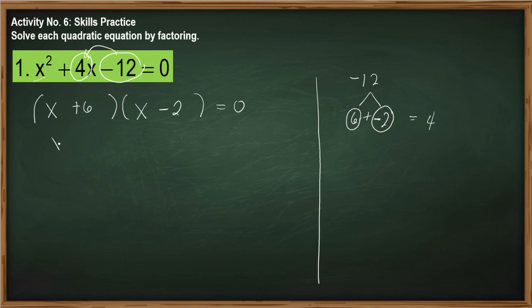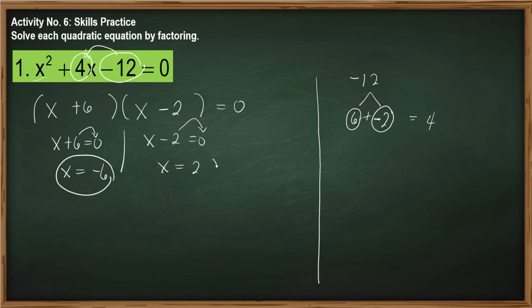Then, apply the zero product property by equating each factor to 0. Then, transpose each constant term to the right side. So we have x is equal to, when we transpose, the sign changes, positive 2. So the solutions are x equals negative 6 and x equals 2.